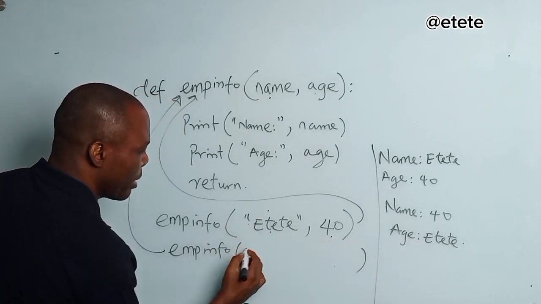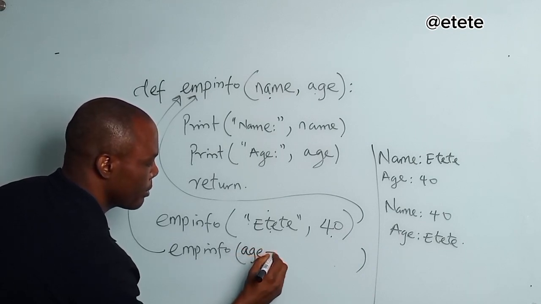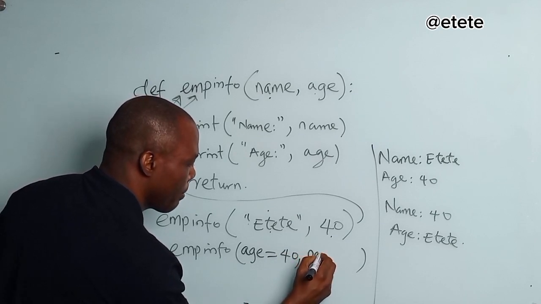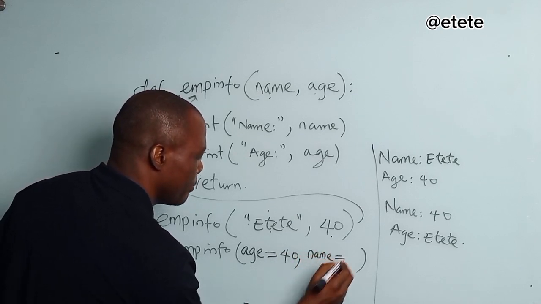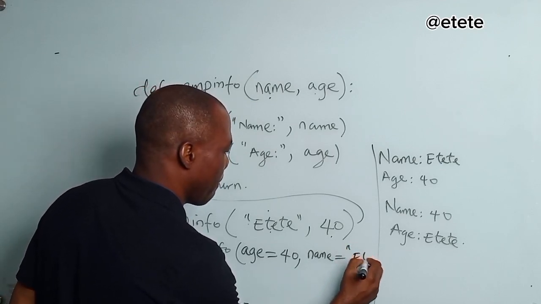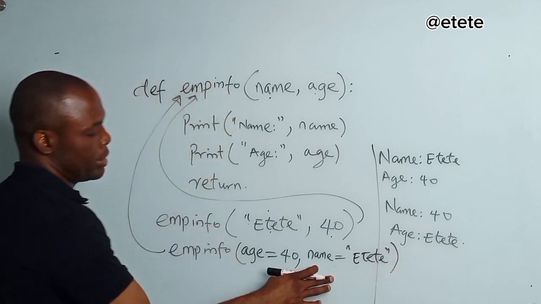So for a keyword argument, I can change the position by putting, I'll say age 40, name. I'll now put a theta here. Right? So this is it.